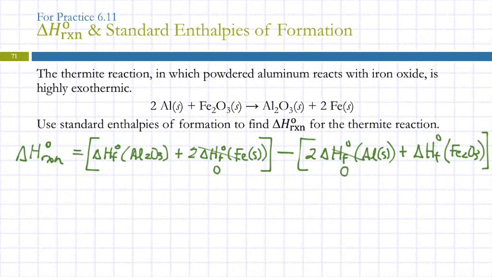Okay, so I borrowed a student's textbook. This is back in Appendix 2. There are tables of standard thermodynamic quantities for selected substances. And the one we're interested in is delta HF. So I need Al2O3, and it's minus 1675.7.